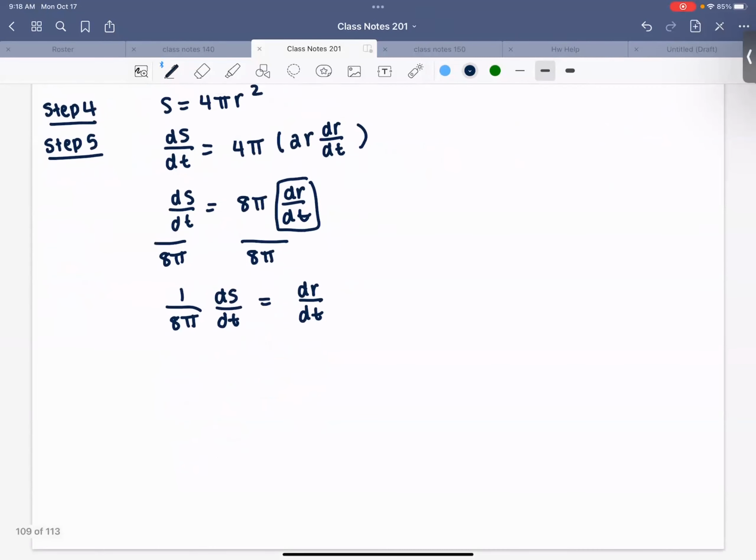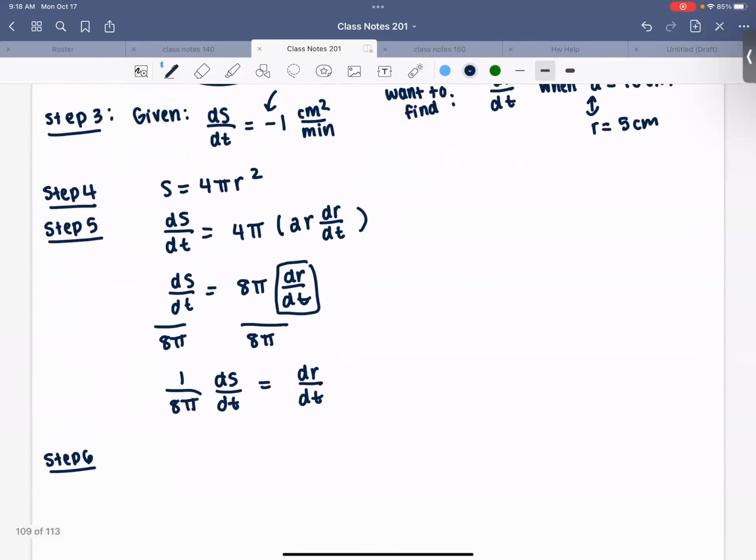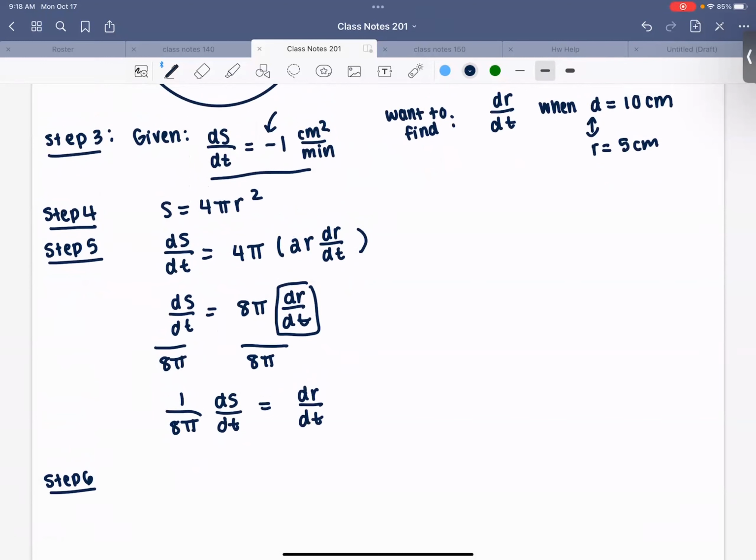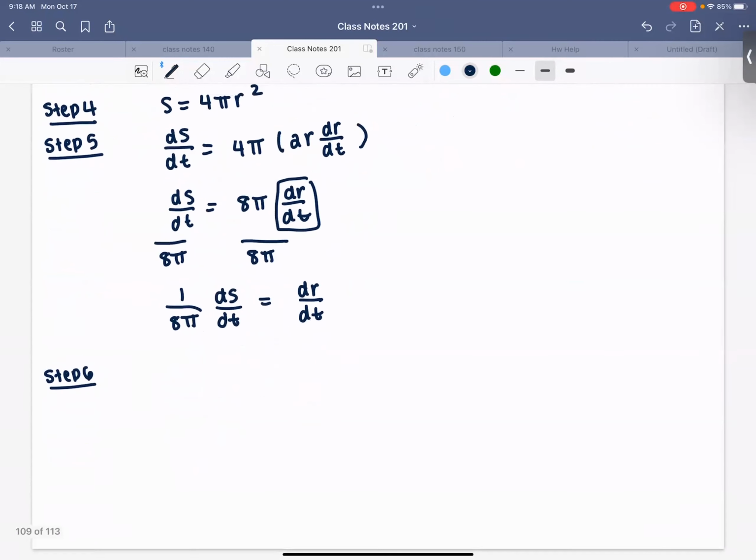All right, step 6. This is my plugging in stage. So it means that I have to plug in what I'm given, dS/dt, and I also should plug in r equals 5. Okay, so I'm going to go ahead and do that. I have 1 over 8 pi.